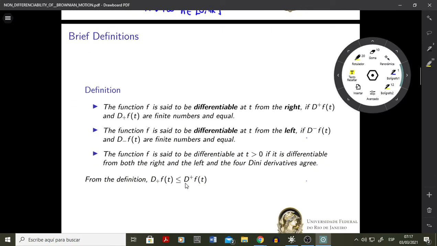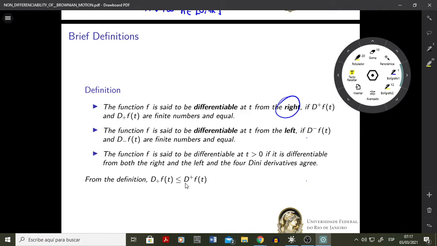So, we have that a function f is differentiable at t from the right if the upper and lower right derivatives are equal and also are finite numbers.